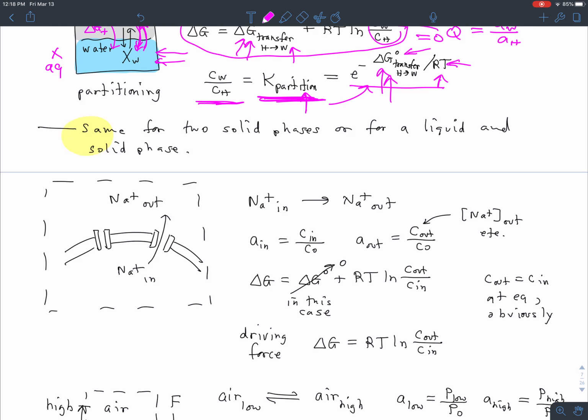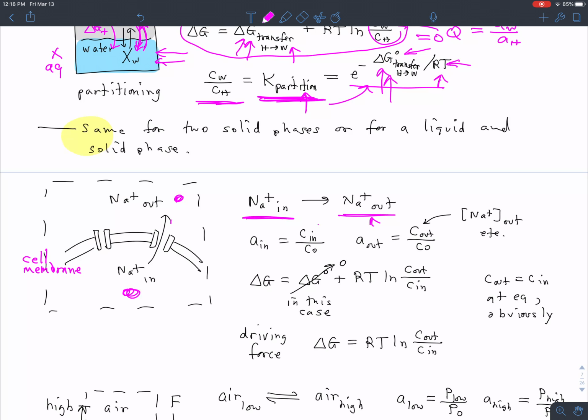Let's suppose I have some sodium that's inside, let's say, a cell wall or cell membrane, and it's possible to get out through a channel and go to the outside phase. That we can consider to be a chemical reaction. Sodium on the inside goes to sodium on the outside. That can be written as a chemical reaction.